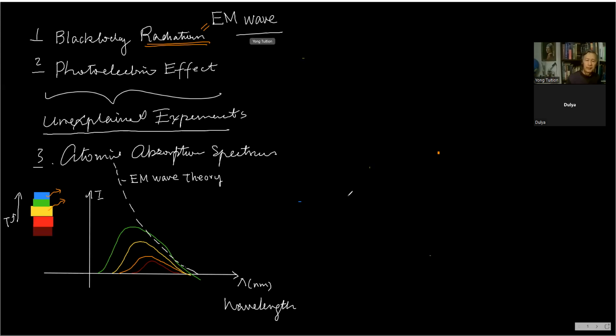And by the way, if you look at the wavelengths, this part is violet, and these will be infrared in terms of wavelengths.